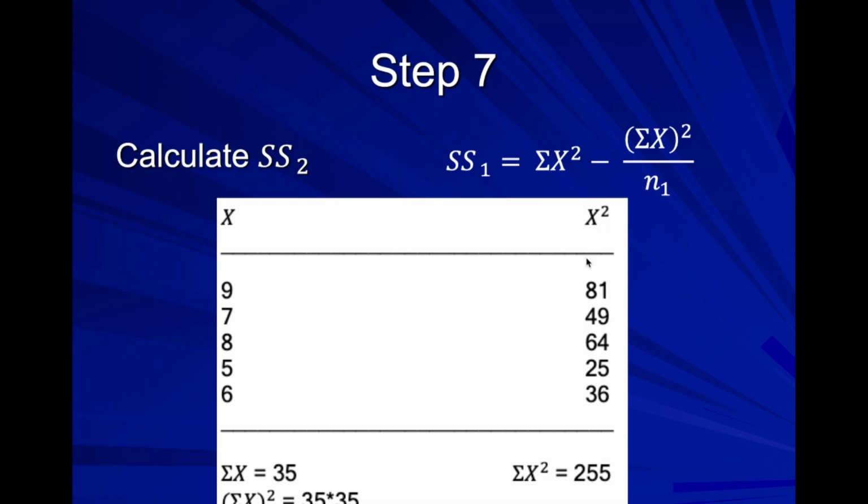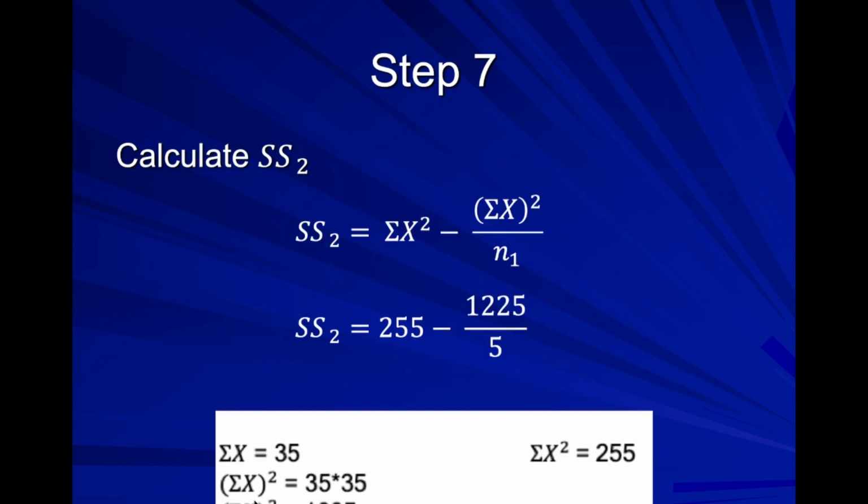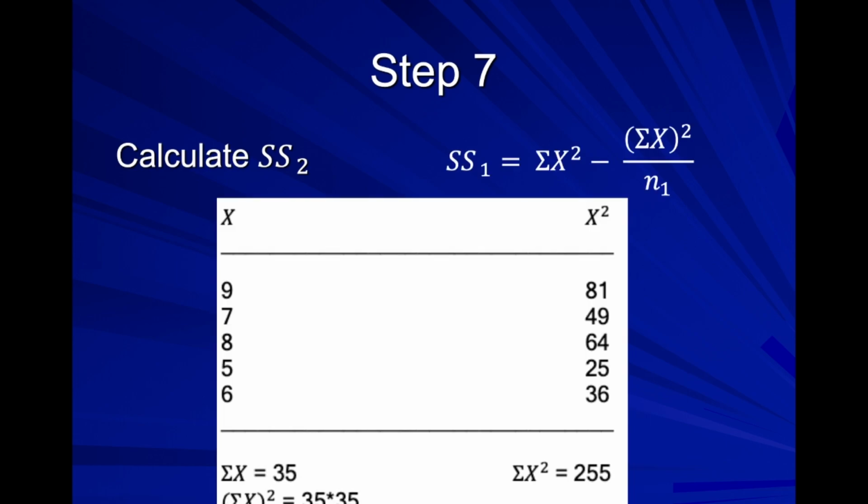If we go through, you can get the terms here. Sigma x is 35, so you add up all of these scores, 35. Then you have sigma x squared. You have 35 times 35, or sigma x quantity squared, and the answer is 1225.